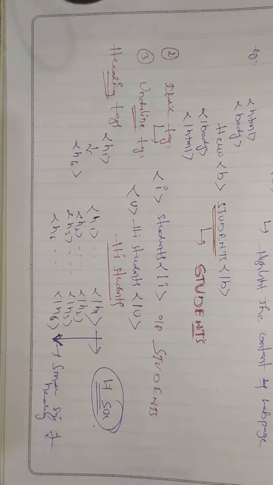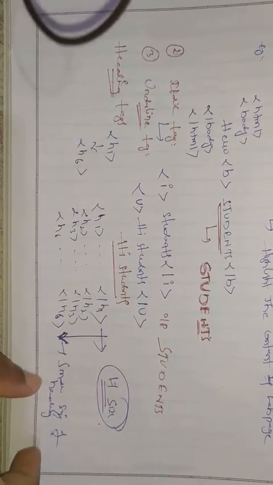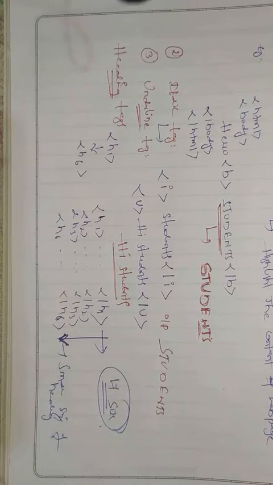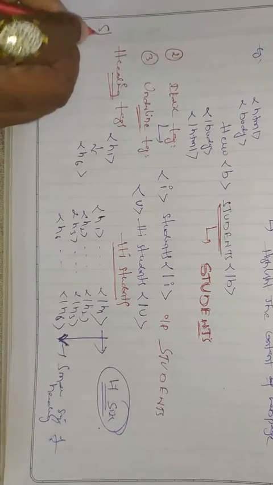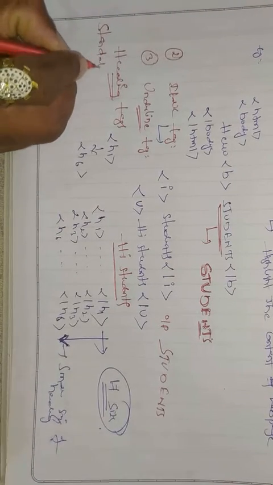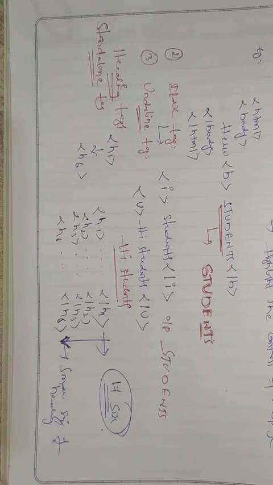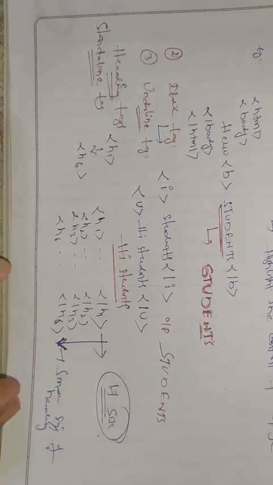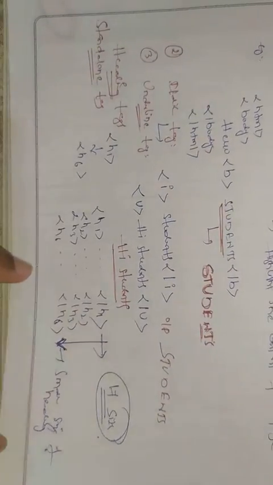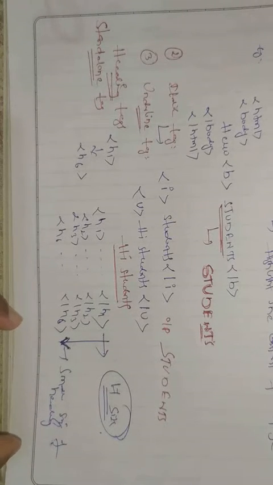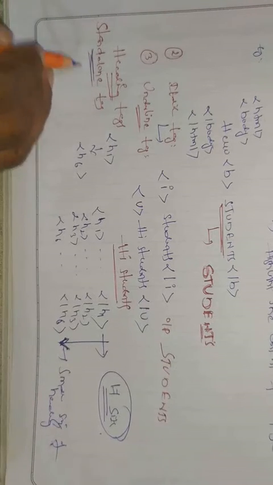And also we have the standalone tag. A standalone tag is a tag that does not have a closing tag. We discussed that each and every tag will have an ending tag, whereas a standalone tag does not have an ending tag.